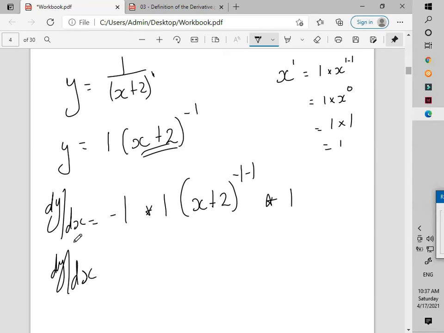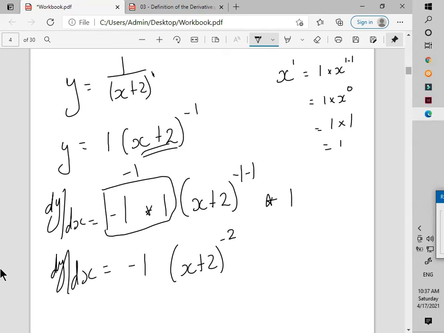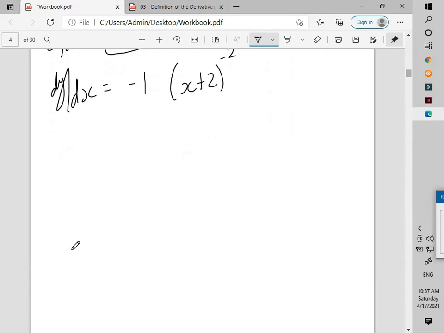So, what do we have here now? dy upon dx is equal to minus 1 times 1, which is going to give me minus 1. Then we have x plus 2 and minus 2. So, next step, dy upon dx is equal to minus 1 being divided by x plus 2 squared.